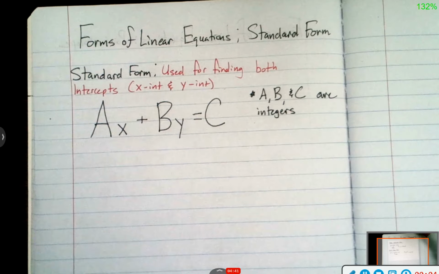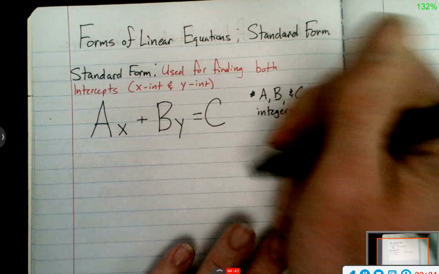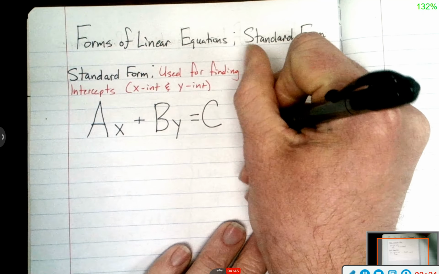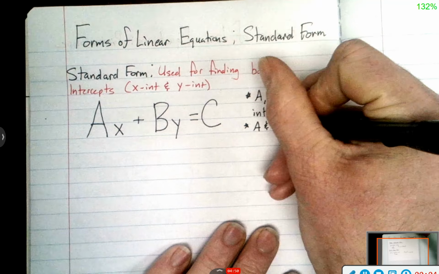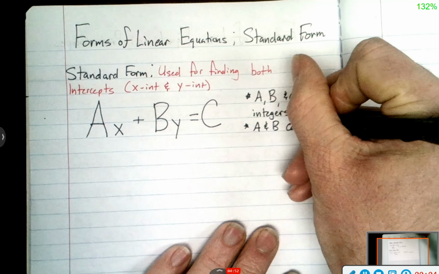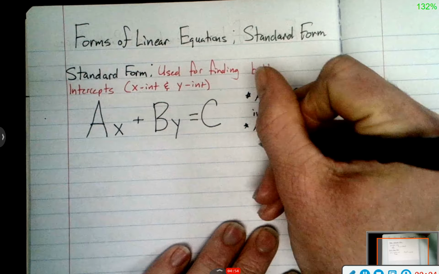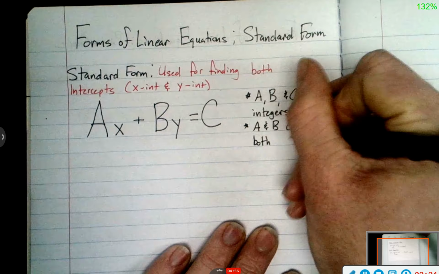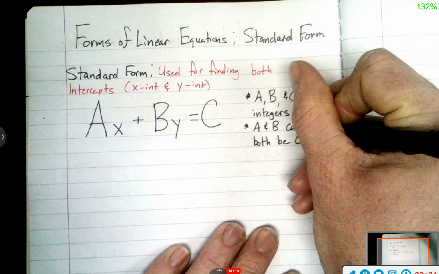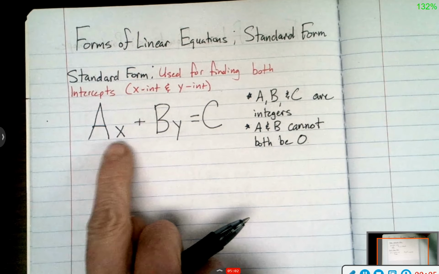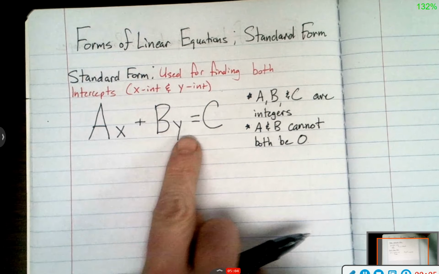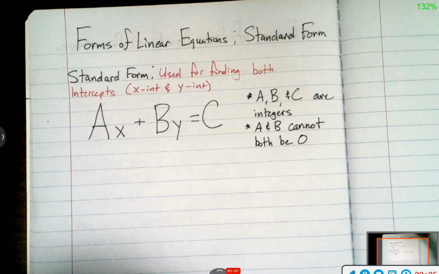We'll actually look at that example in a second. Another rule is A and B cannot both be equal to 0. If I had A equal to 0, 0x, I can't have 0y as well. It just wouldn't work as an equation.